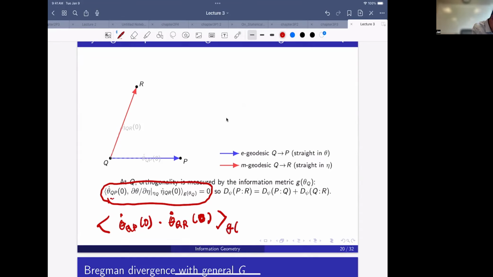G zeta Q. Okay, so that is the inner product, but it turns out that this guy can be written in the language of eta, and then this G cancels out. I think we can have a short break, maybe 5 minutes, and then move on.